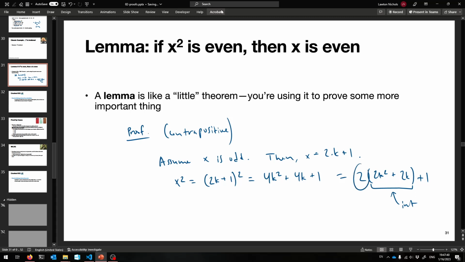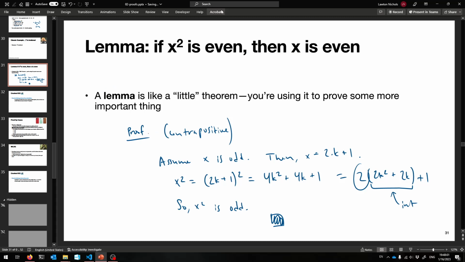So I've just shown that x squared is equal to 2 times an integer plus 1, which is oddness, right? That's what I needed to show. So x squared is odd, and that is the contrapositive of this original lemma statement, which proves the entire lemma. All right? So I went kind of fast there, but that is my lemma.